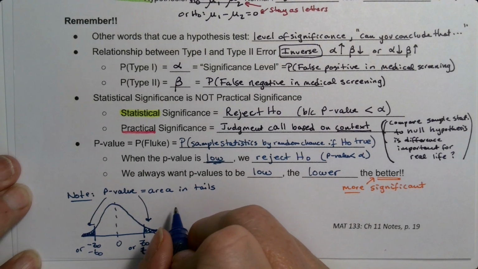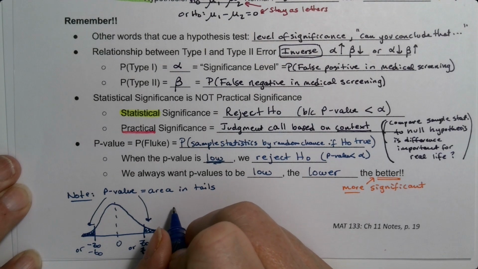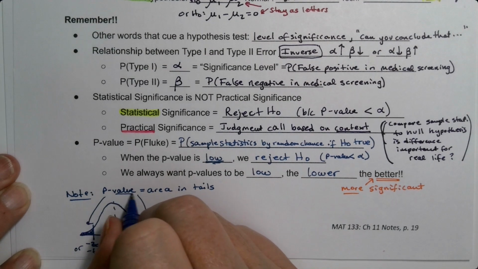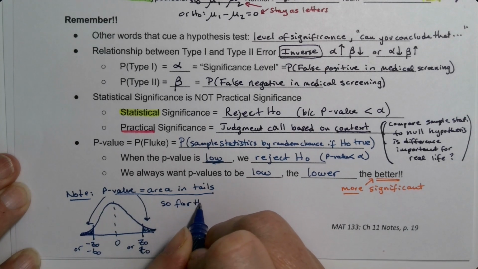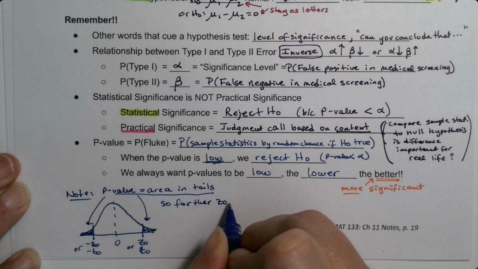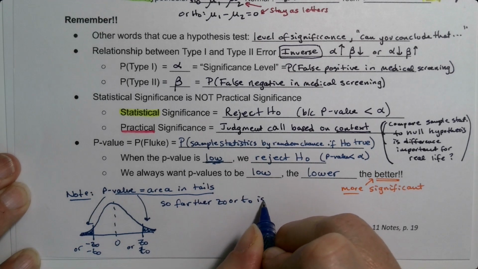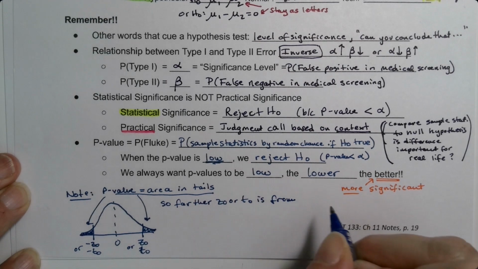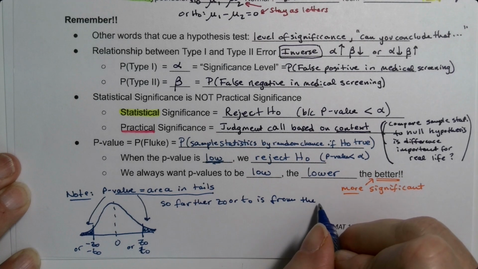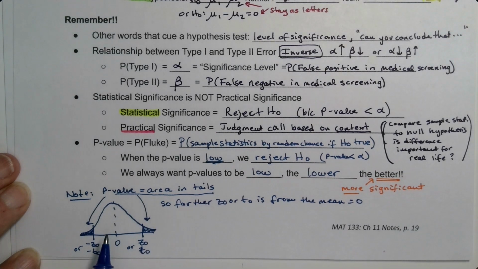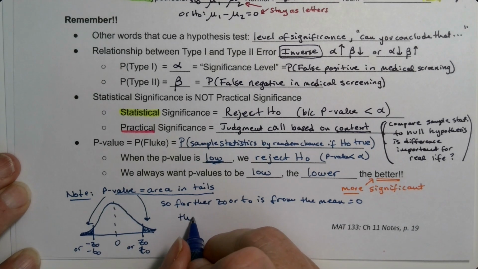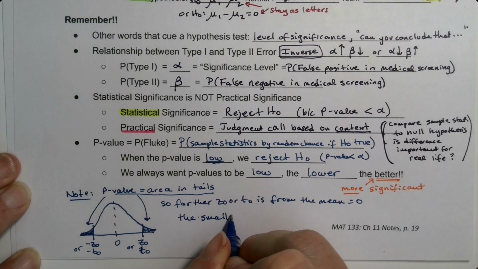All right, so let's make a note. And the mean is always 0 for both a z-curve and a t-curve, right? So the farther they are from 0, the smaller the p-value will be.